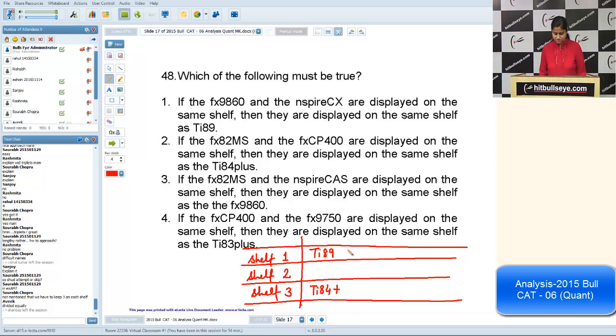The only options we are left with are either the Casio model FX82MX or FX-CP400. I can choose 1 or 2 from these 2 instruments which are Casio models. Is it okay? Are you getting me, Sanjay?